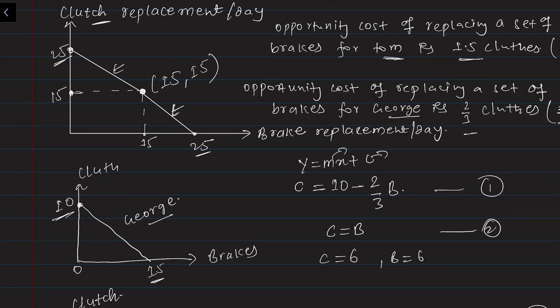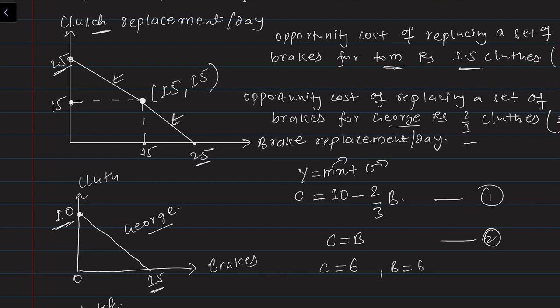Okay, so now we have the kink and we have three intercepts, so we connect these points and we get the PPC of the two-person economy. And this is the PPC.